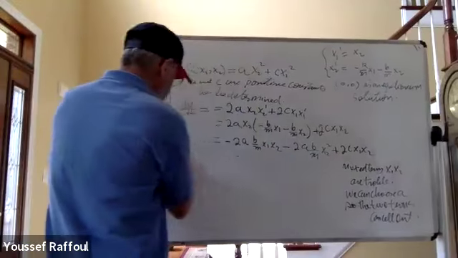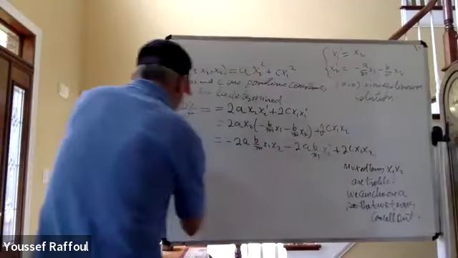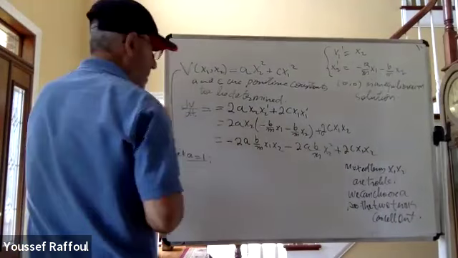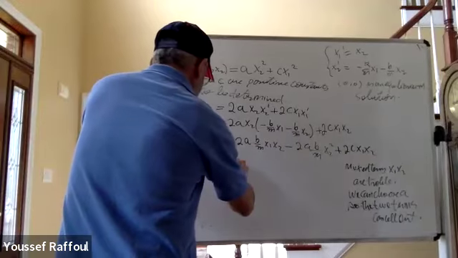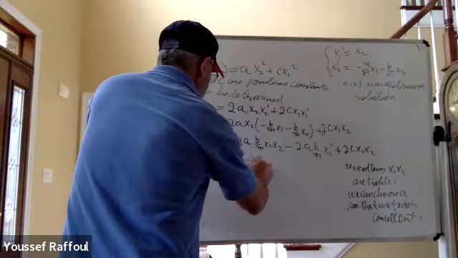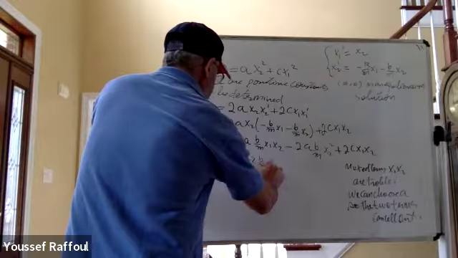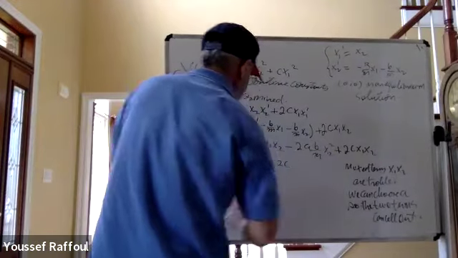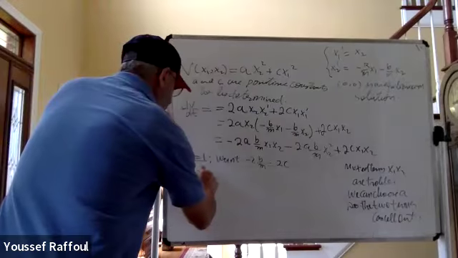So set A equal to 1, then we want minus 2k over m equal 2C.